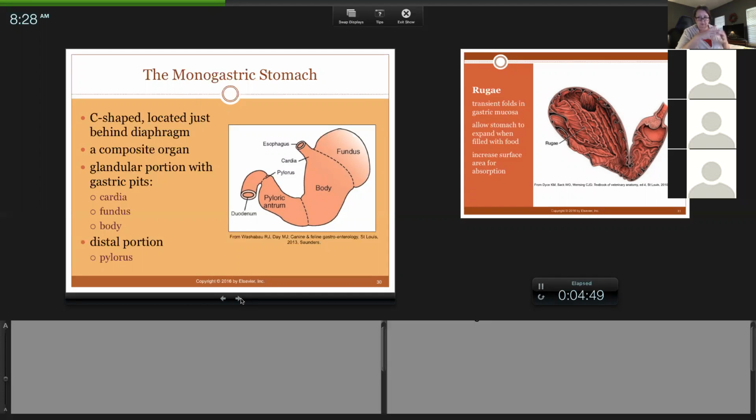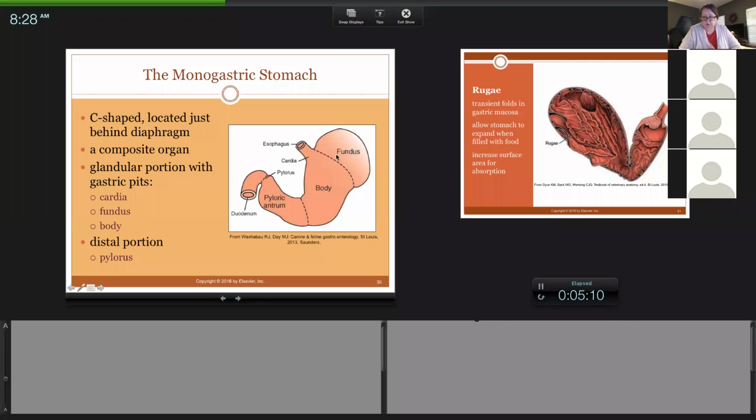Now, it's composed of some different things. There's three basic parts: you've got the opening, which is the cardia, and then you've got the fundus. Think about the fundus as this large storage container. If an animal eats a very small meal, the majority of it's probably going to hang out in the body.